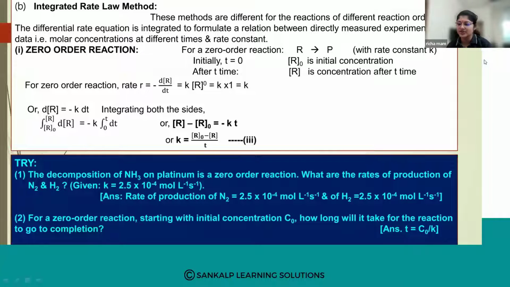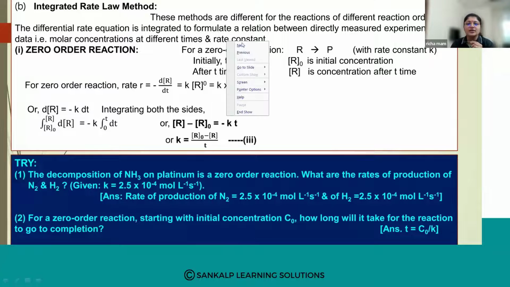The reaction in which the rate of the reaction is proportional to the zero power of concentration of reactants is called a zero order reaction. Or, a reaction in which the rate of reaction is independent of concentration of a reactant. So it is not dependent, it is independent of the concentration of reactant. Such a reaction is called a zero order reaction.